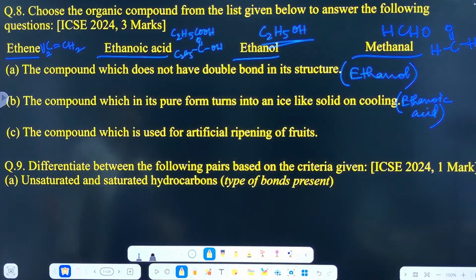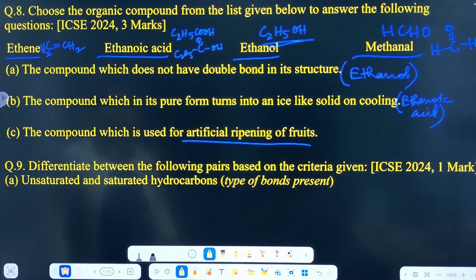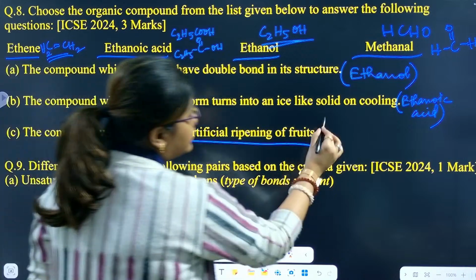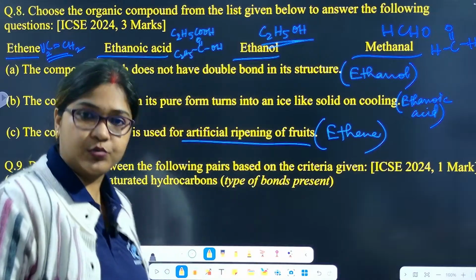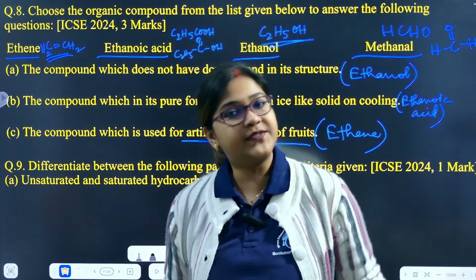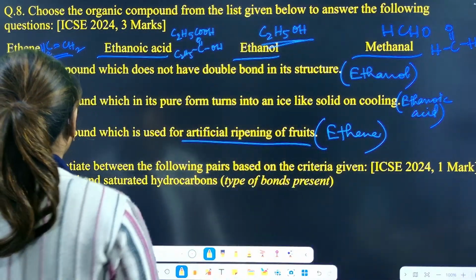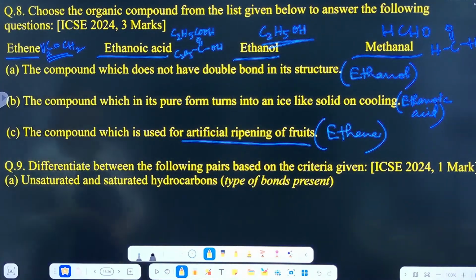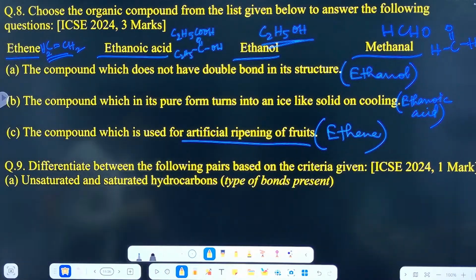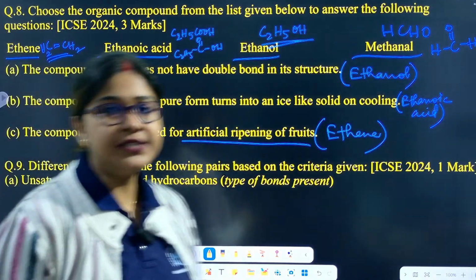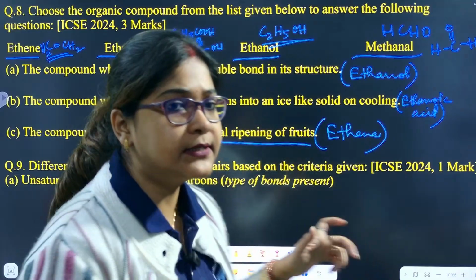The compound which is used for artificial ripening of fruits, this is ethene. Ethene is used for artificial ripening of fruits. Okay, so again, as I have said, chemistry is everywhere in your everyday life. Next is differentiate between the following pairs based on the criteria given. So you see how the questions are very specific and to the point.